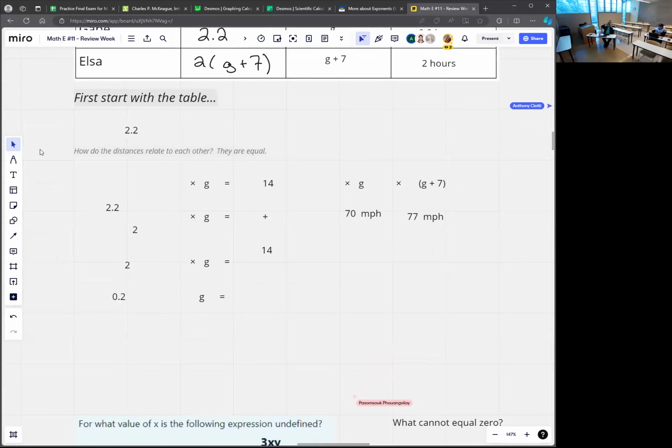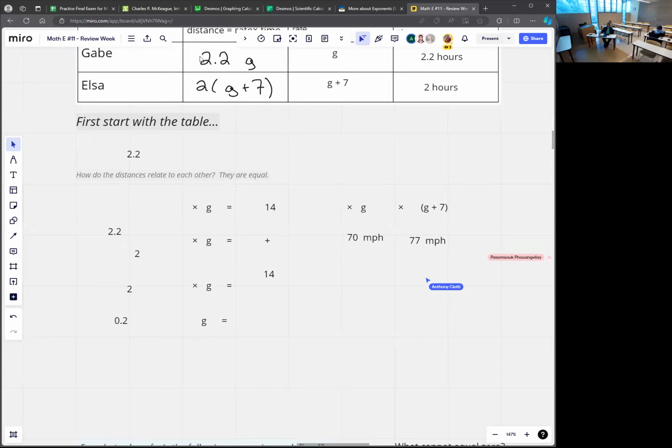I have all the pieces you need, hopefully, unless I messed up. Just rearrange all of the things on the screen so that we start with 2.2 G equals 2 times quantity G plus 7, and then keep going.